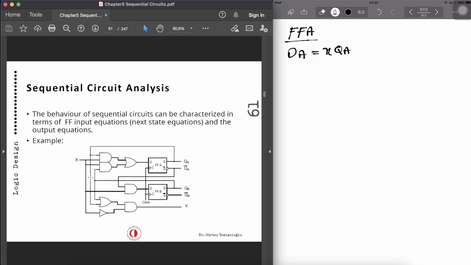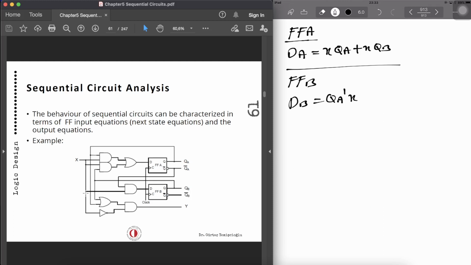Then X and QB. So DA equals X QA or X QB. This is the equation for DA. And then let's do the same thing for flip-flop B. We need to find the equation for DB. This is coming from QA inverse and it is X. So this is flip-flop B.